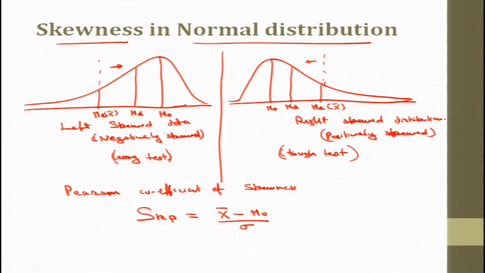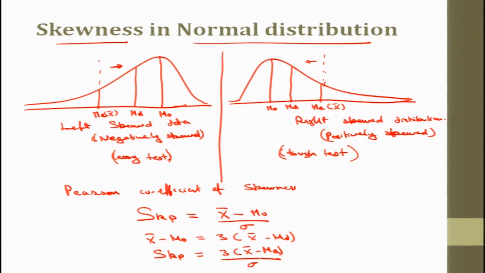This can also be taken to the alternative formula, the Pearson median skewness, because we know that x bar minus mode is generally taken as 3 times x bar minus median. So this skewness coefficient can be written as 3 times x bar minus median divided by sigma.